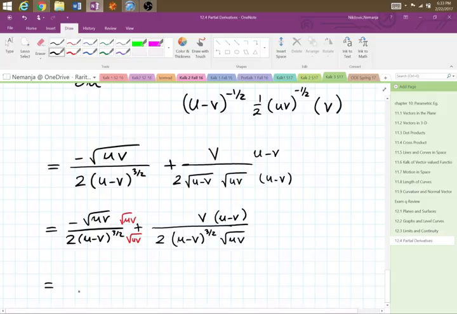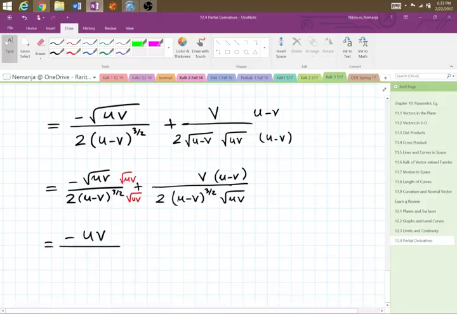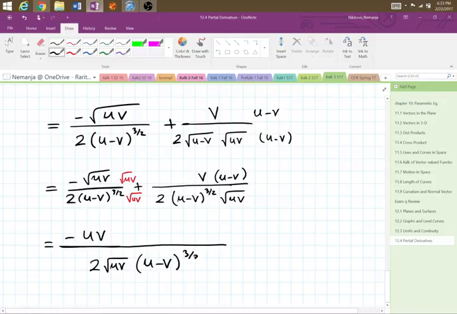So that's going to be just negative uv on that part. We have a common denominator now, so that's 2 times root uv times (u minus v)^(3/2). Now it's a common denominator. There's a plus here, and then I have v times (u minus v) squared.